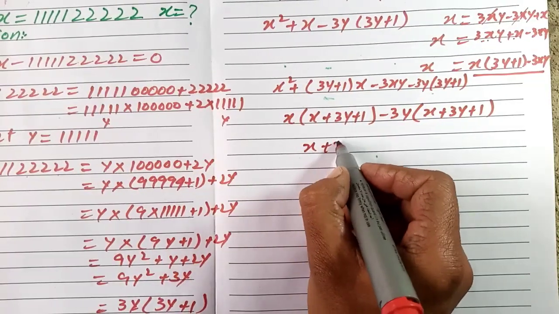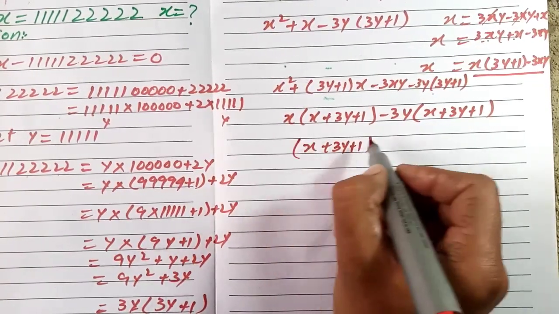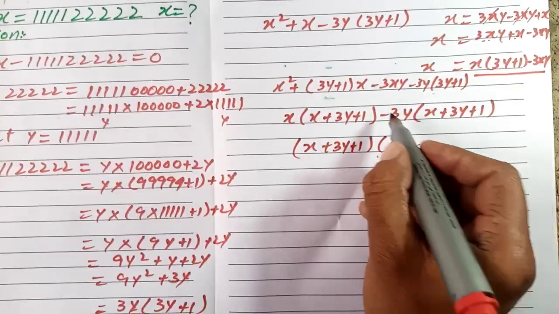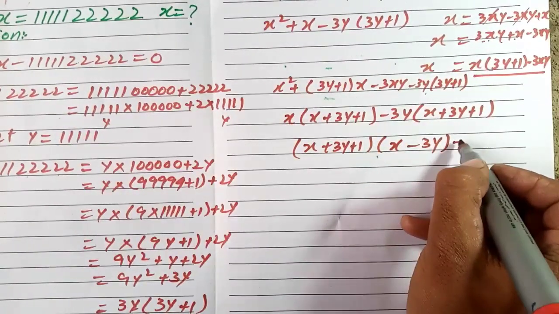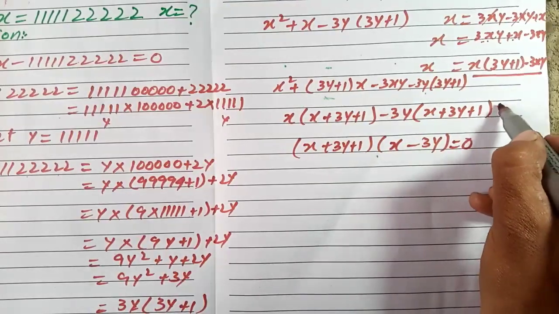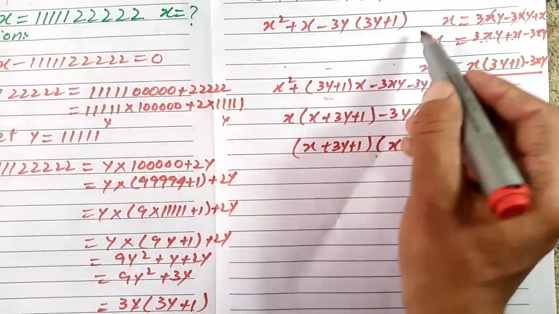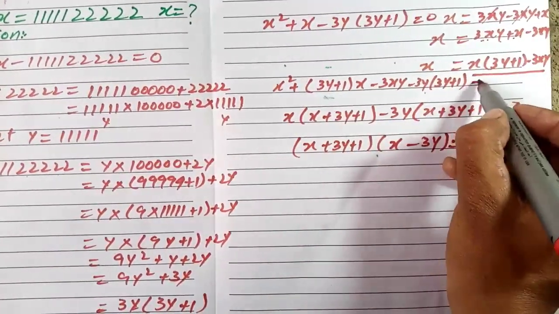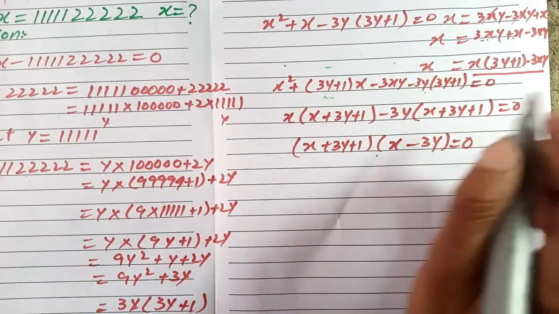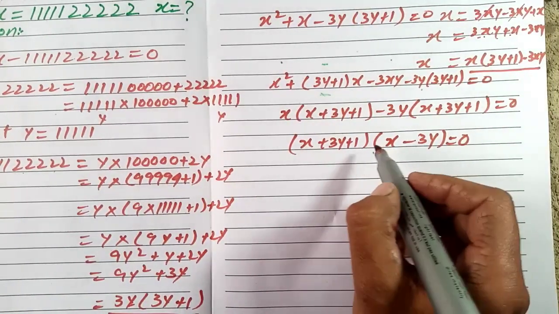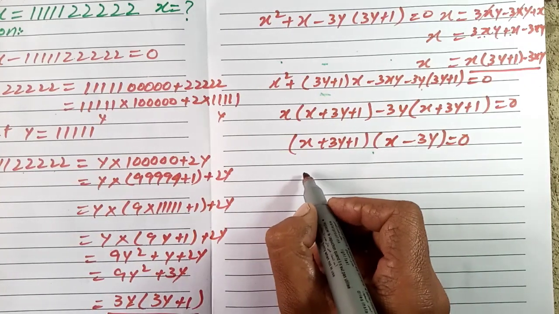We have left x plus 3y plus 1. In this side we have left x minus 3y, which is equal to 0. So here we can get two values of these.